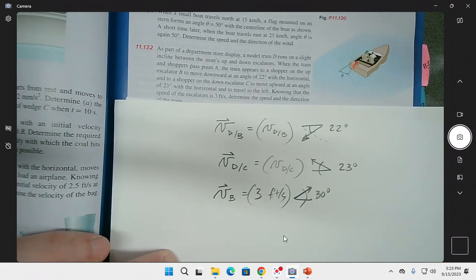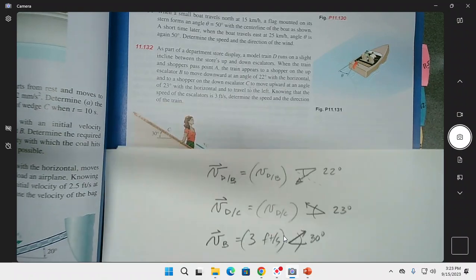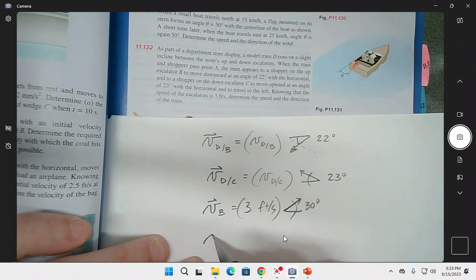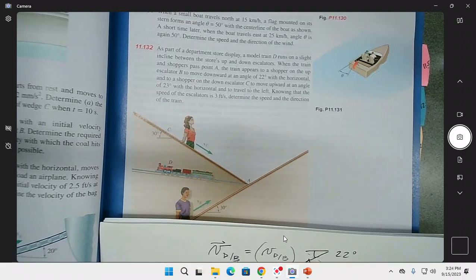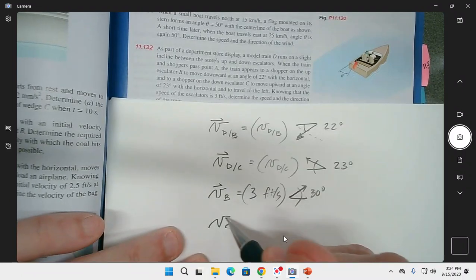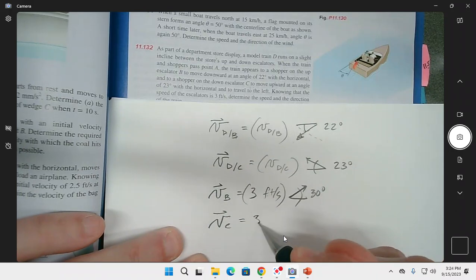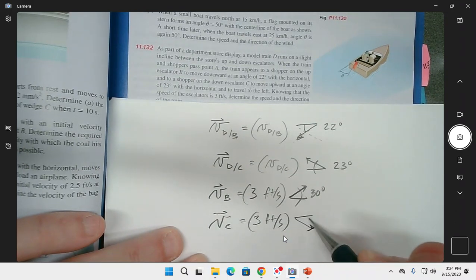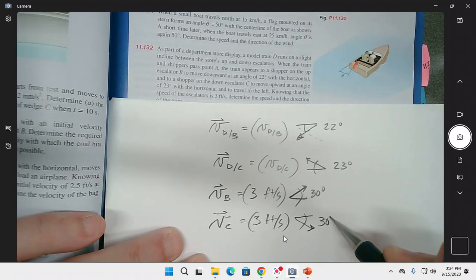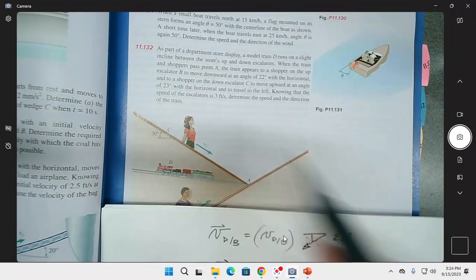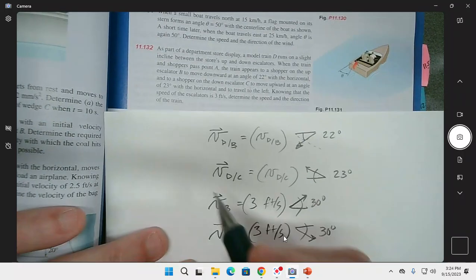You agree with that? And VC is equal to 3 feet per second. I hope we can solve this because it's going to make it really sad. Because that's 30 degrees right there. Okay, so this is the given.